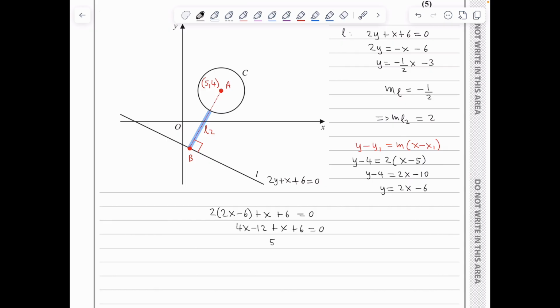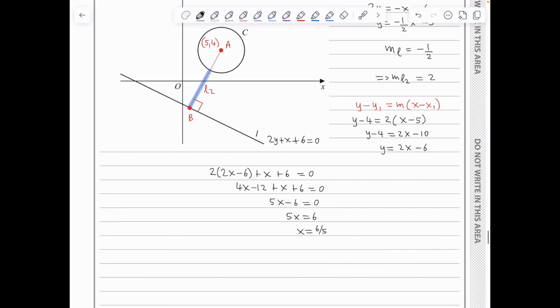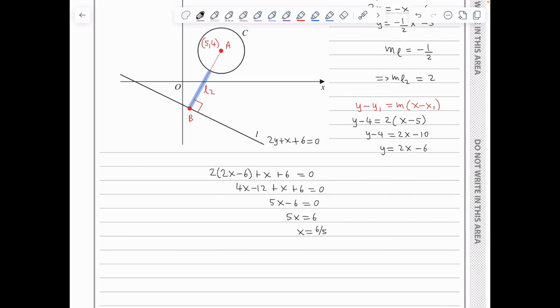So we've got 5x minus 6 is equal to 0, and therefore 5x is 6, taking me to x is 6 over 5. I will proceed in finding the corresponding y coordinate. So y is 2x minus 6, so it's 2 times 6 over 5 minus 6, which gives an answer of -18 over 5. And therefore we now have the coordinates of B, which are 6 over 5, comma -18 over 5.